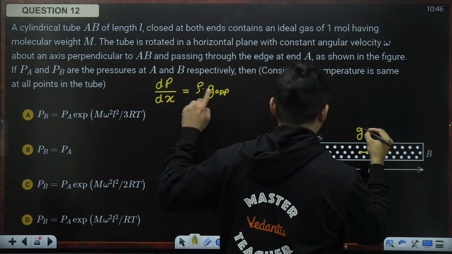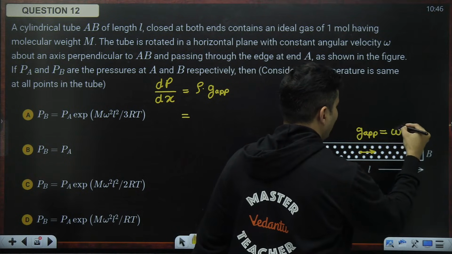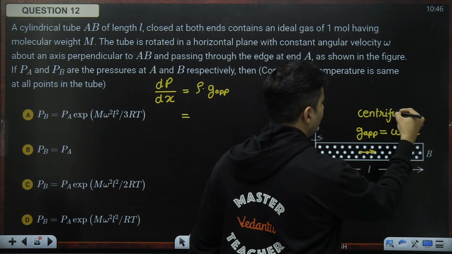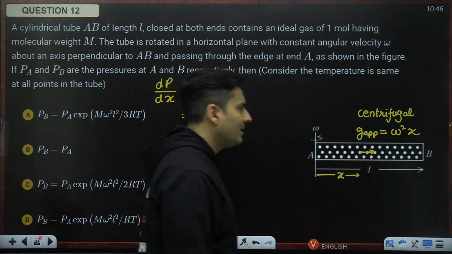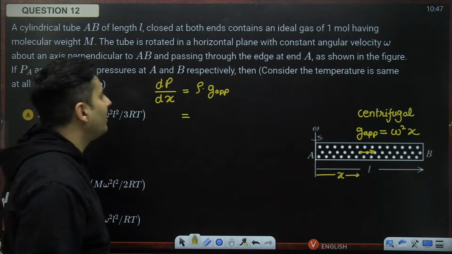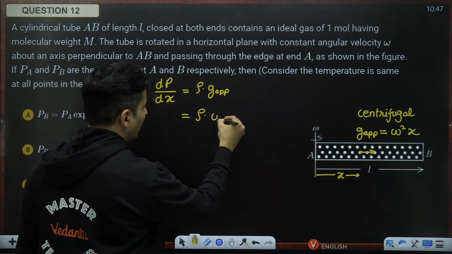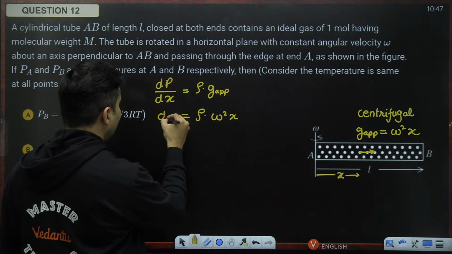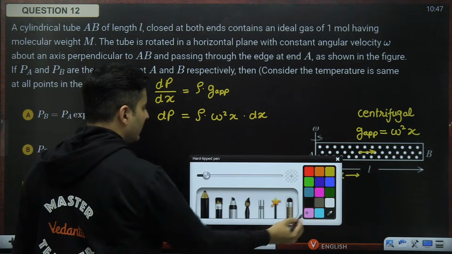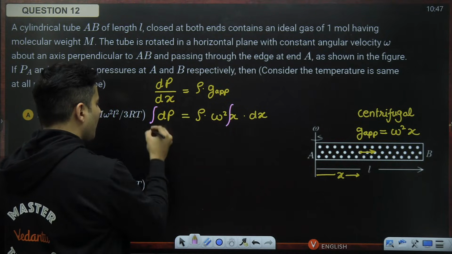So the apparent gravity will be omega square x. Due to the centrifugal force, omega square r becomes the centrifugal gravity, you can say. So I can write this as dP by dx equals rho into omega square x. Obviously, next step will be integration.